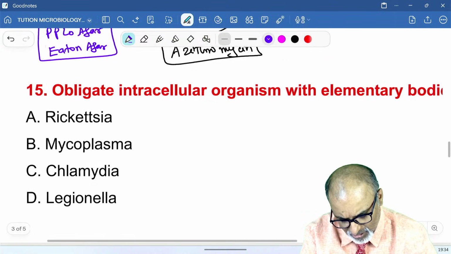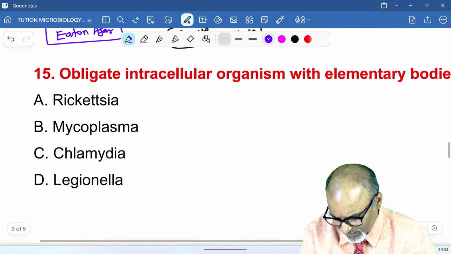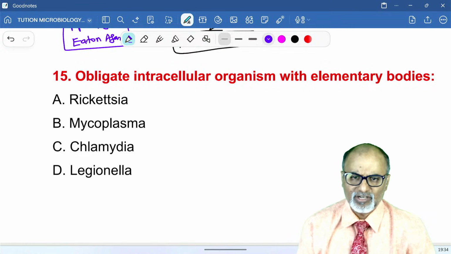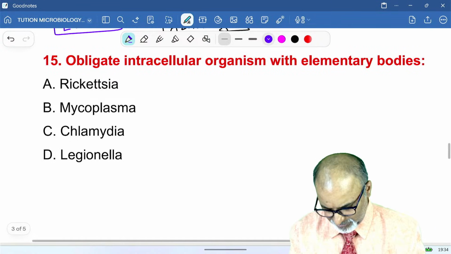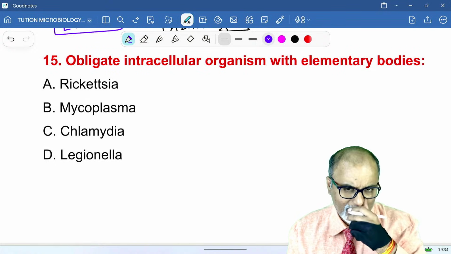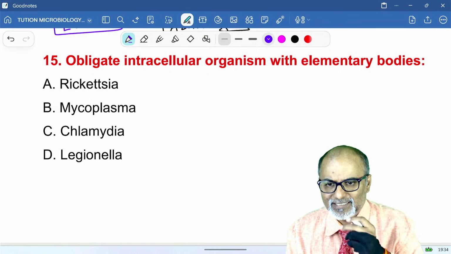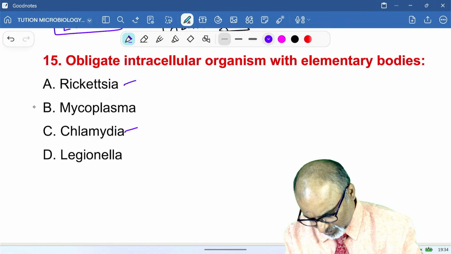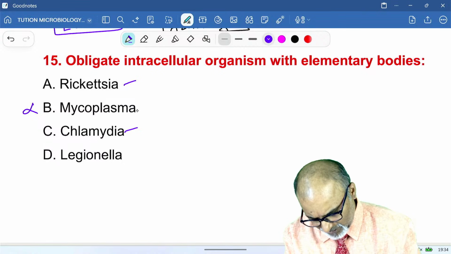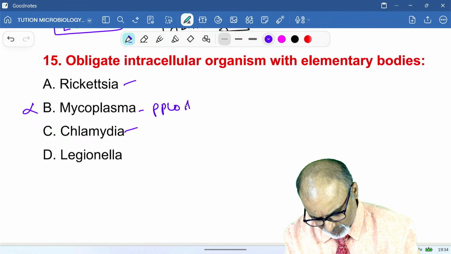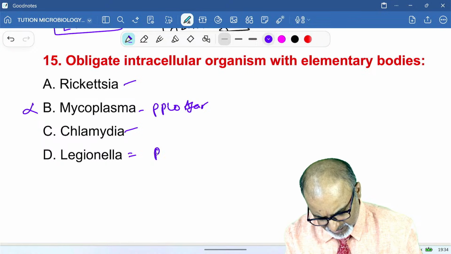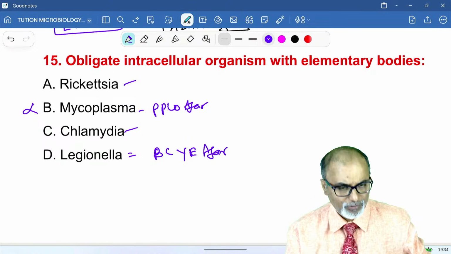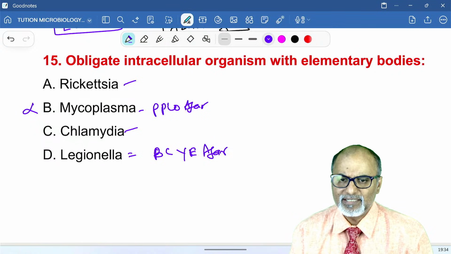Obligate intracellular organism with elementary bodies. See, in these choices, obligate intracellular are Rickettsia and Chlamydia, because Mycoplasma culture medium is available, PPLO agar, which I just told you, and Legionella grows on BCYE agar. So these three are not obligate intracellular.